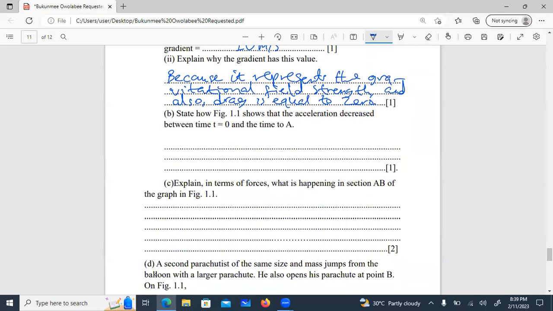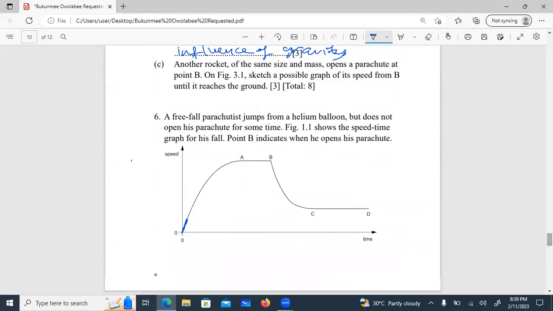State how figure 1.1 shows that the acceleration decreases between time t equals 0 and the time at A. So between the time here and the time here, the fact that the graph is curved in the clockwise direction shows that the acceleration decreases.